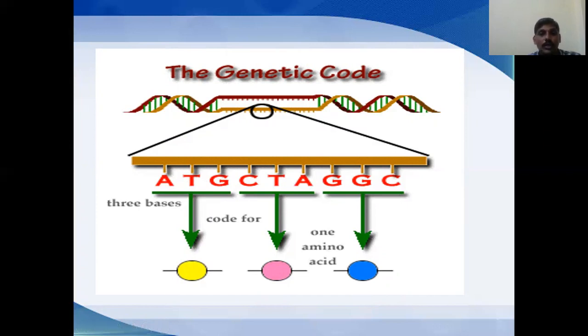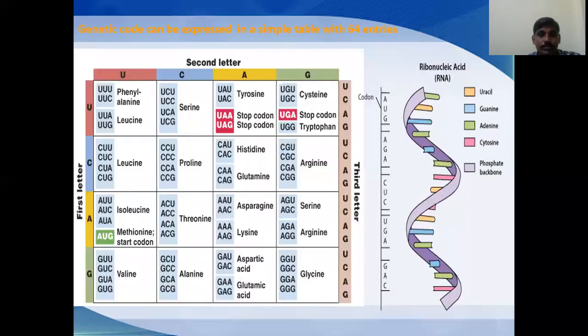So once we explain the sequence of nucleotides, the sequence of codons, the sequence of amino acids, in this way the genetic information passes from DNA to RNA and RNA to protein molecule. So this is called the genetic code.